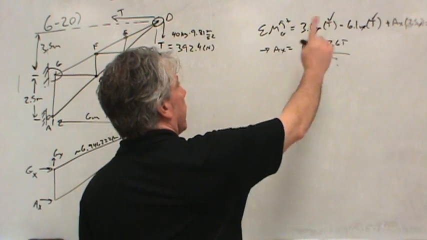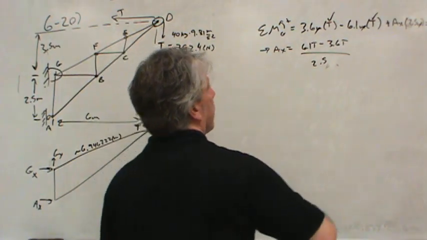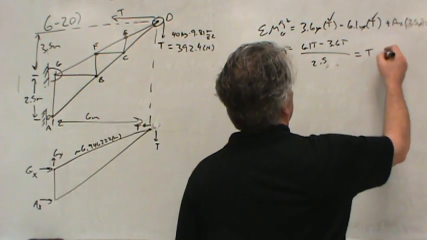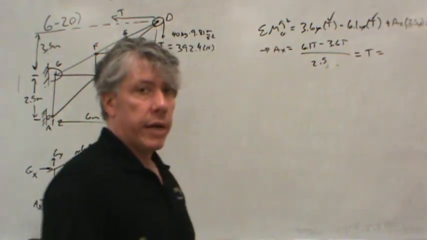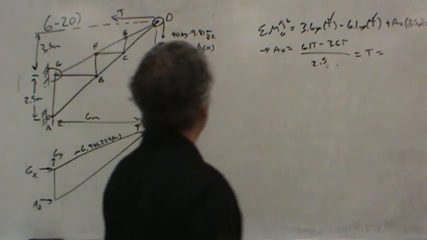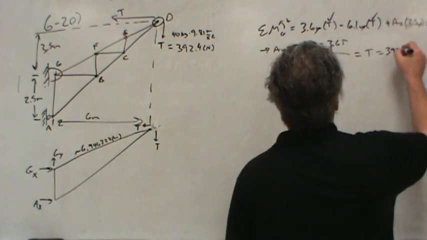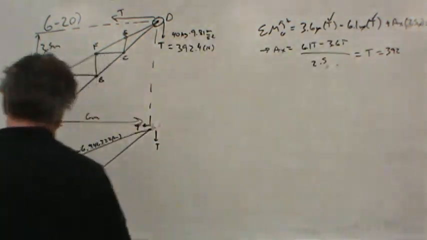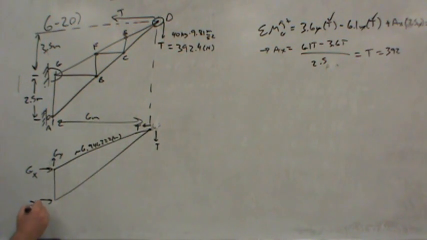Well, 6.1 less 3.6 is in fact equal to 2.5, so this comes out simply to T. In other words, AX, the reaction, equals the force T. So that's kind of interesting that the tension and AX are exactly equal to one another. So this must be 392.4 newtons. I'm going to leave the free body diagram on this one, and I'll keep the label AX so I don't forget what it is.